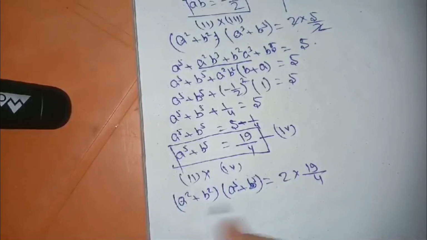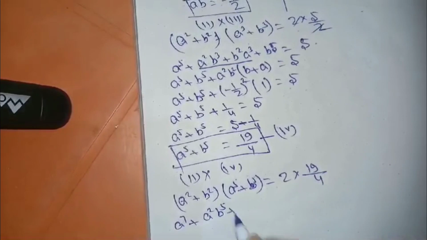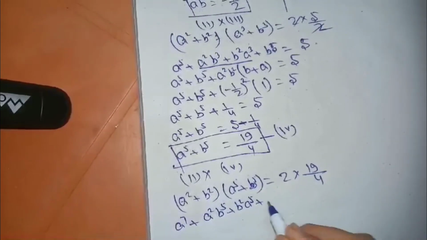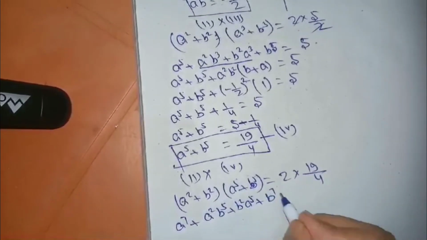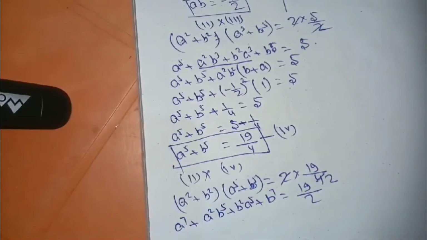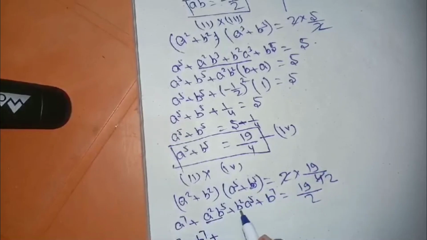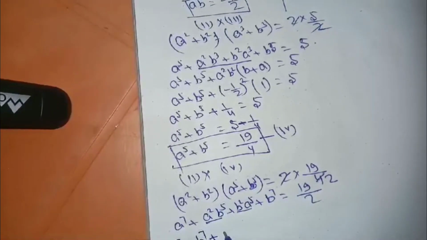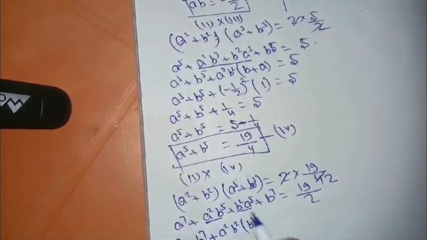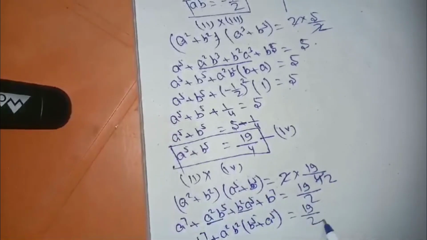Multiplying these terms: a7 plus a square b5 plus b square a5 plus b to the power 7 equal to 19 by 2, as the 2 is cancelled. So a7 plus b7 plus, a square and b square are common in both terms, so we take common a square b square. What we are left with is b5 and a5, equal to 19 by 2.